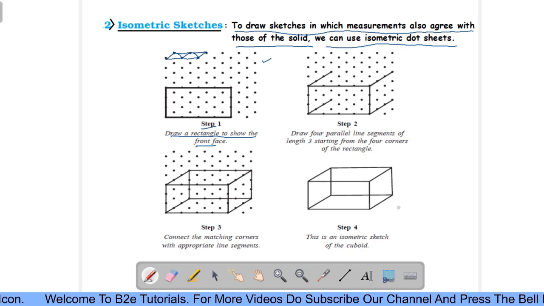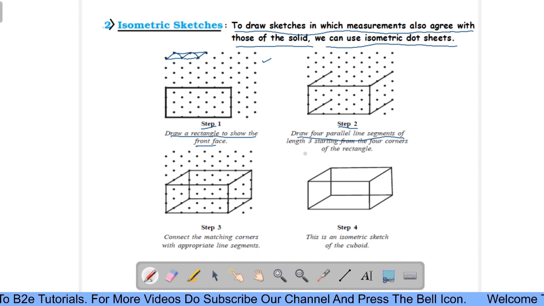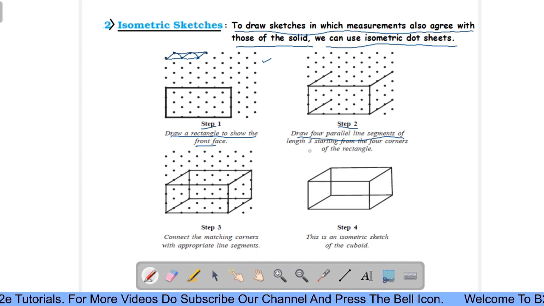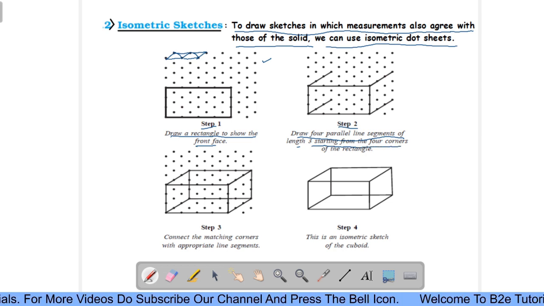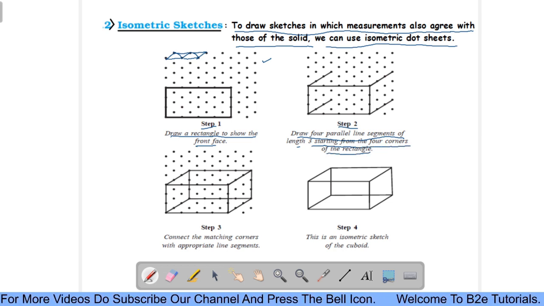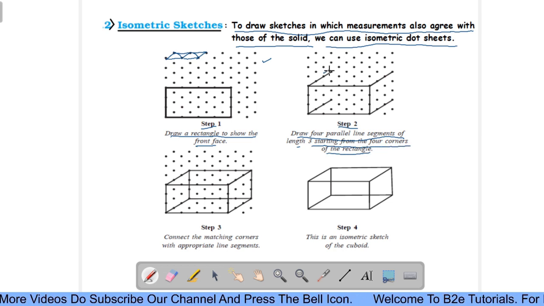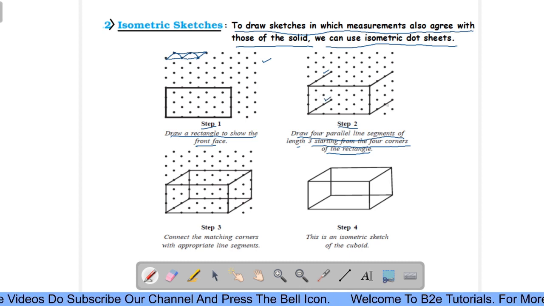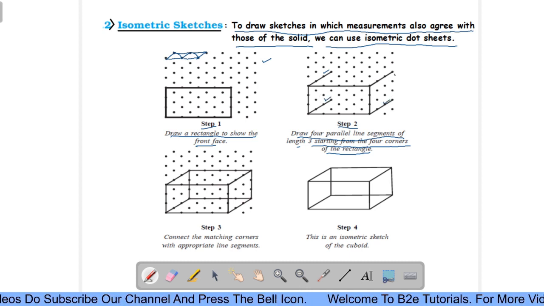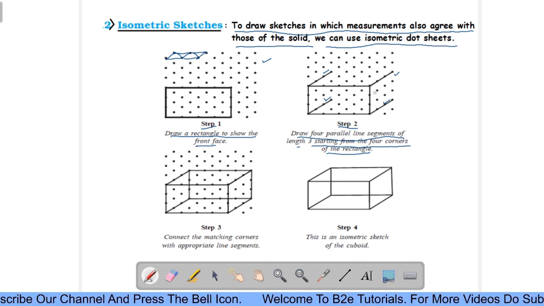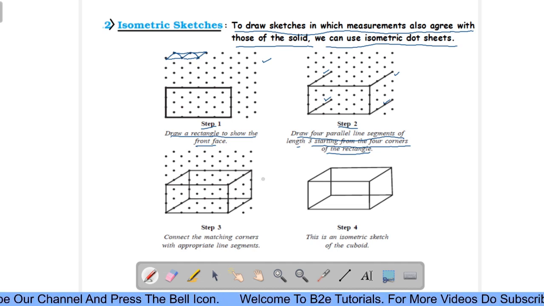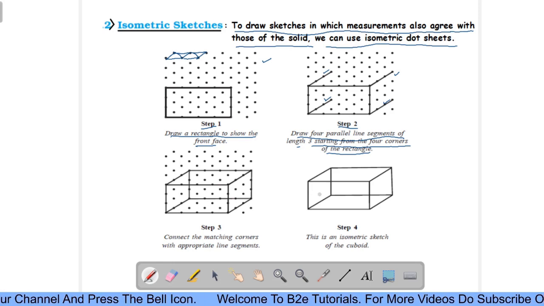Then step 2. Draw 4 parallel line segments of length 3 starting from the 4 corners of the rectangle. That is this line, this line, this line, and this line. You have to take 3 centimeter and draw these sides.